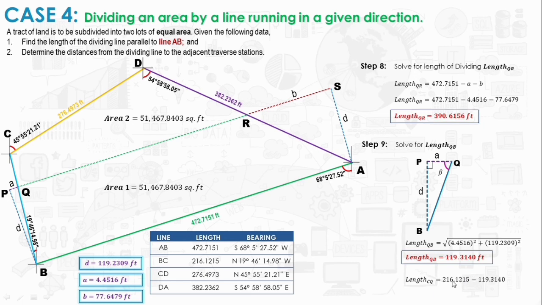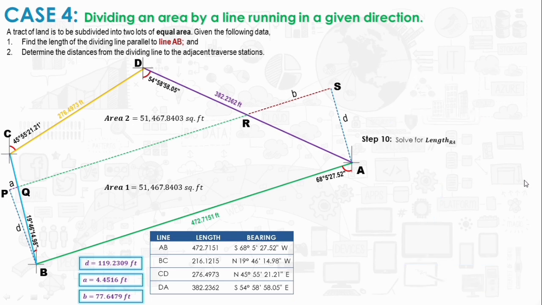So, length CQ is 216.1215 minus 119.3140. So, therefore, the length of CQ is equal to 96.8075 feet. So, meron na tayong distance ng dividing line from station B and station C.